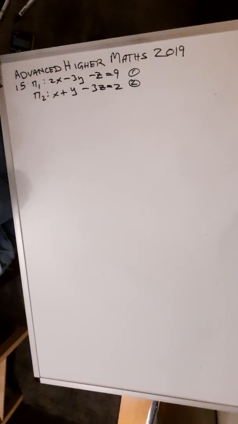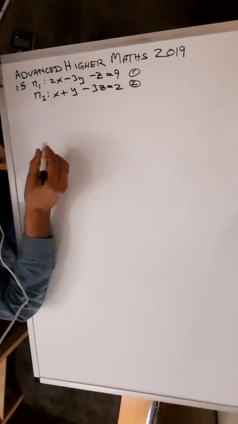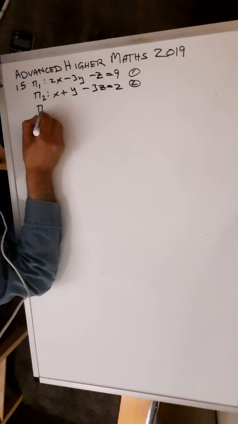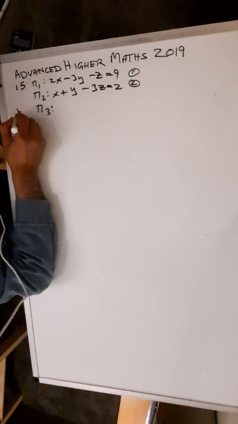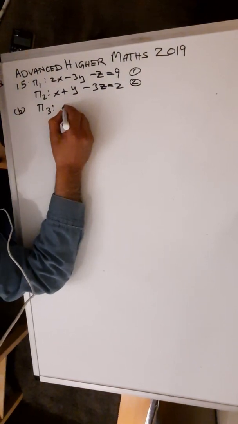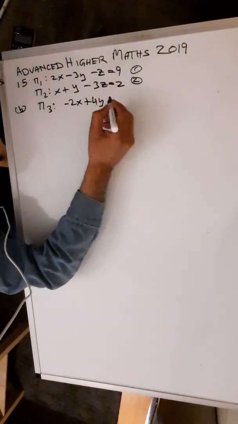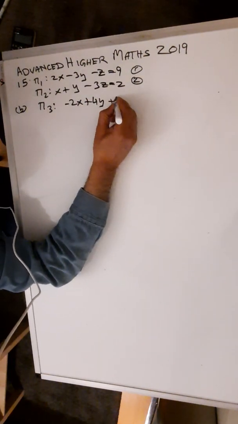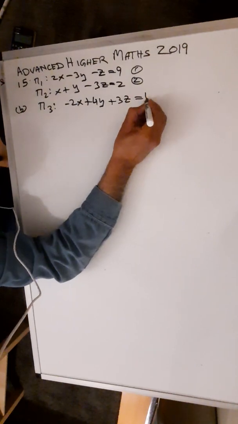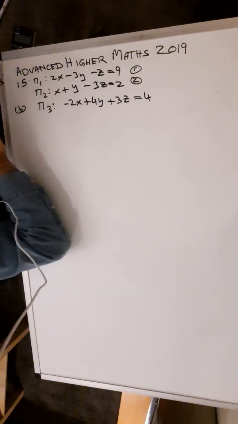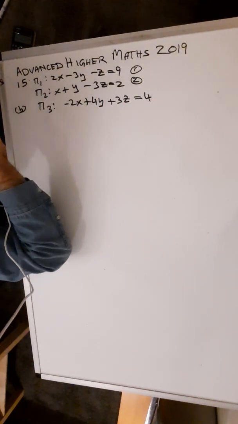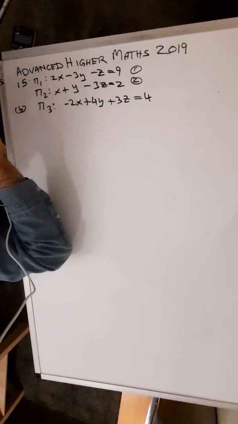Part B is let pi 3 be the plane minus 2x plus 4y plus 3z equals 4. Calculate the acute angle between L1 and pi 3.